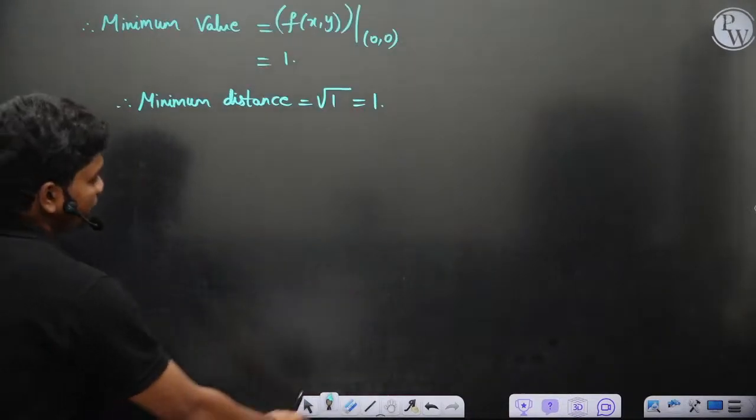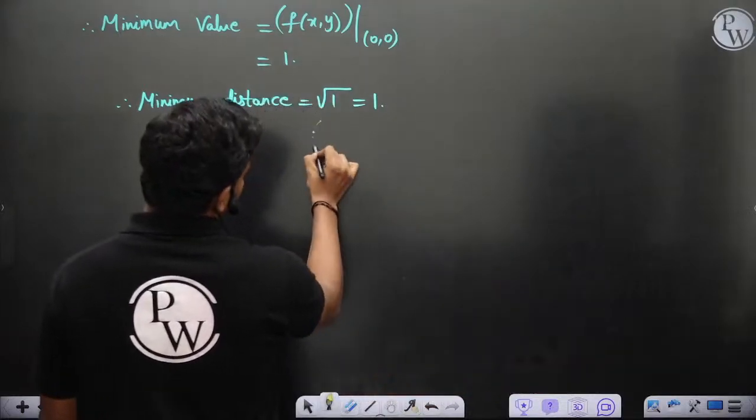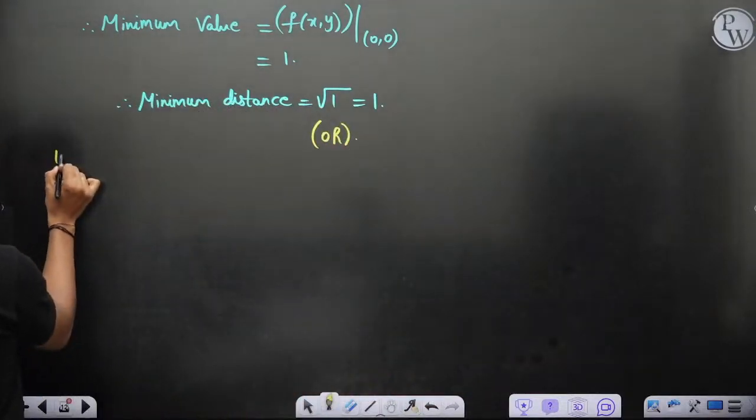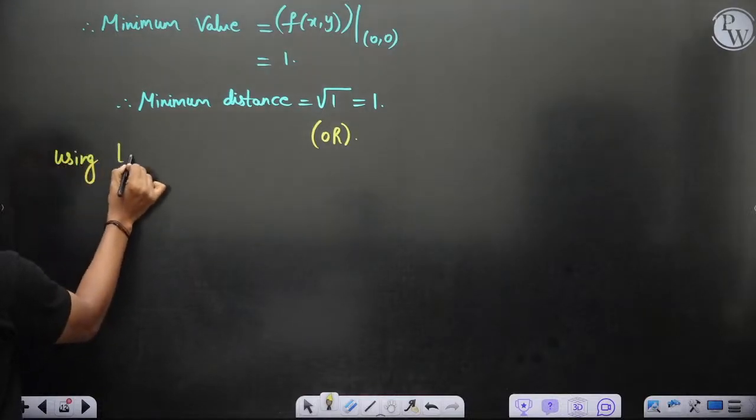Let's see. The function you want to minimize, using Lagrange's multipliers.